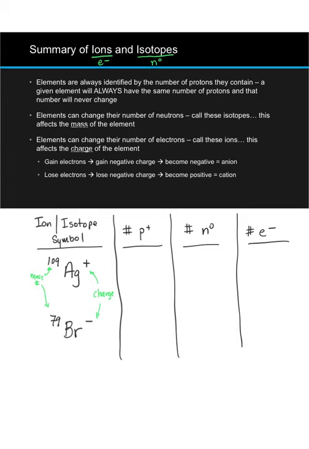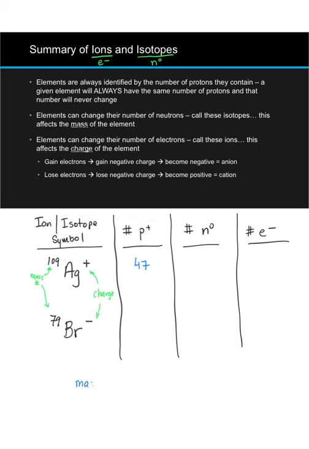The easiest quantity to determine is the number of protons that each one of these atoms, ions, isotopes, contains. Silver, Ag, is atomic number 47. Therefore, it must have 47 protons in its nucleus, regardless of how many neutrons or electrons it contains. To determine the number of neutrons, we'll take advantage of what we know about a mass number.